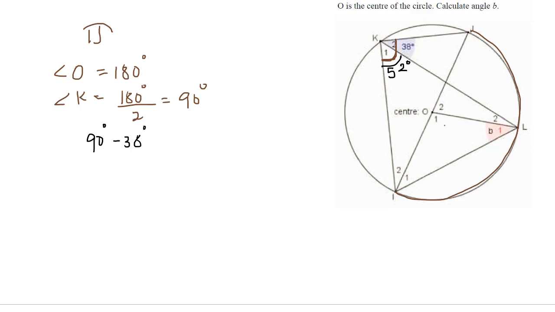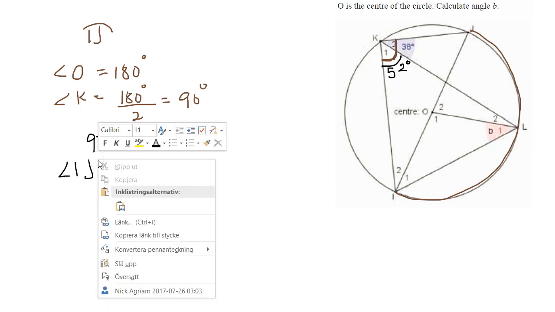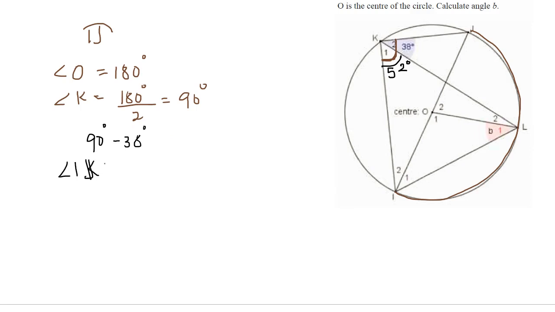That means this angle IKL is equal to 52 degrees. But as you can see, it also has an arc IL.